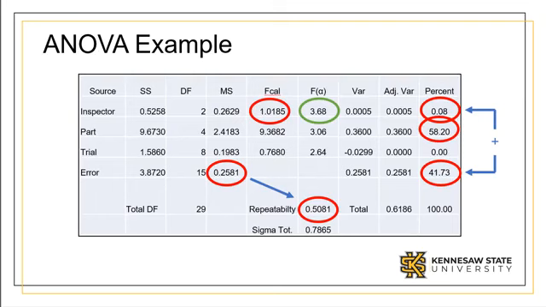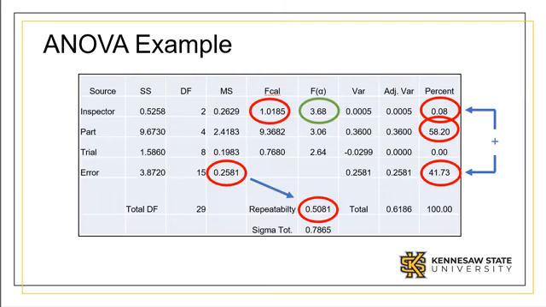Let's consider this example. The ANOVA output is shown here. Determination of the values in this table can easily be accomplished using statistical technology. We will hit the highlights, but will instead focus our attention on the interpretation. First, note the mean sum of squares of the error term, MS. It is 0.2581.